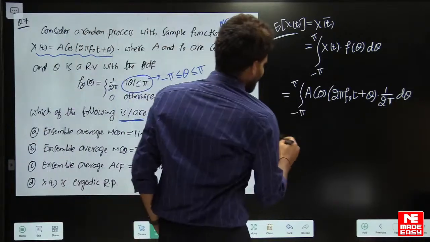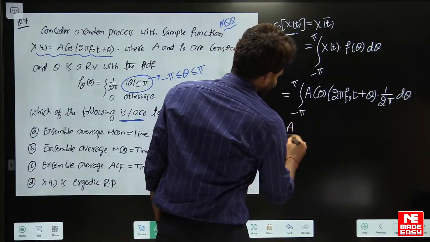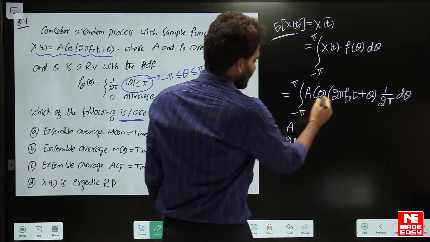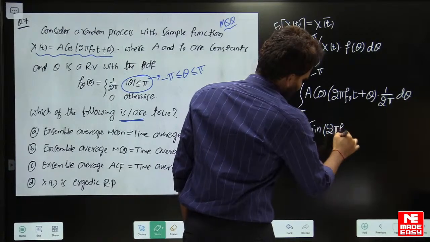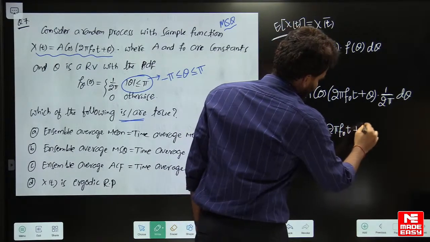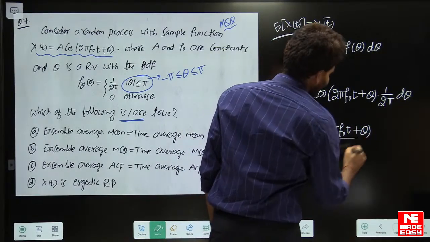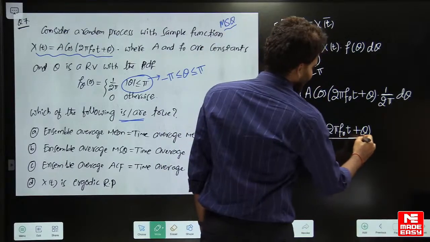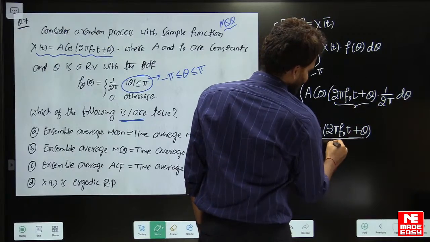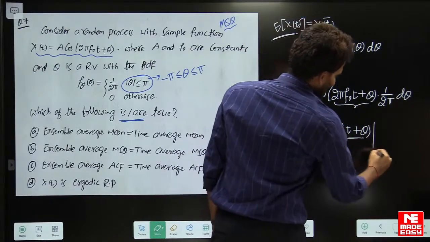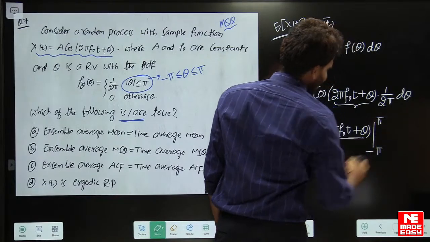Now it will be A by 2 pi. Integration of cos will be sine, so this is sine of 2 pi f naught t plus theta, divided by the differentiation of this quantity with respect to theta, that is 1 only. The limits are minus pi to pi.